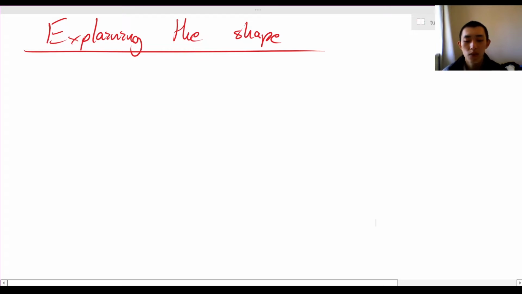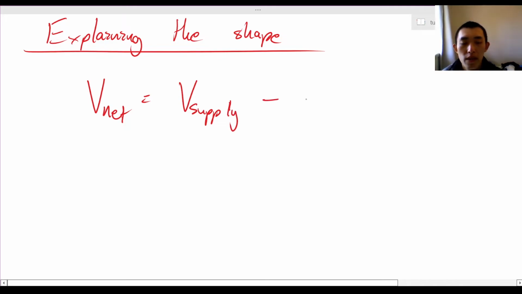Well, to really understand this, we need to go back to some of the basics. We want to think about how V net is equal to V supply minus back EMF.